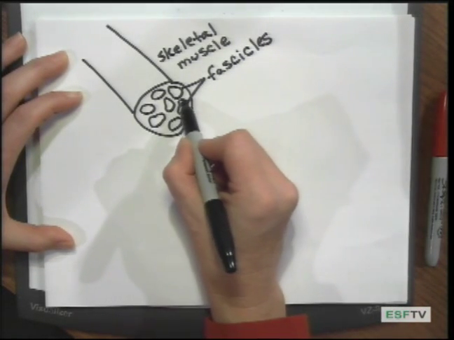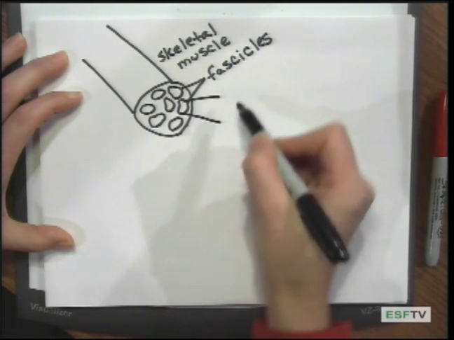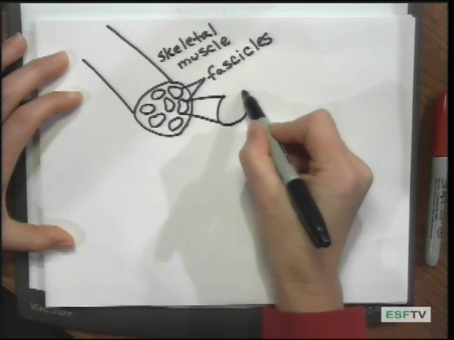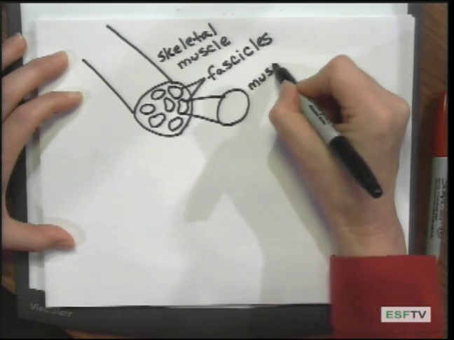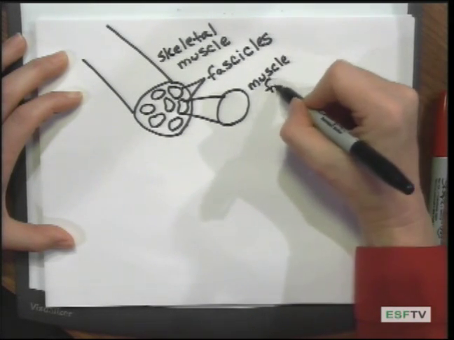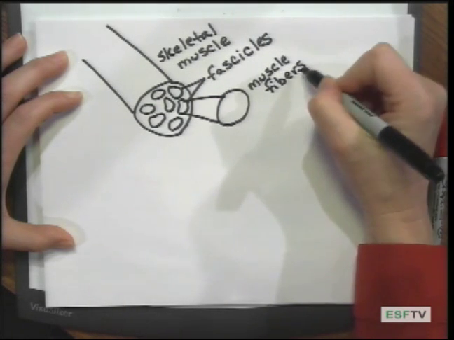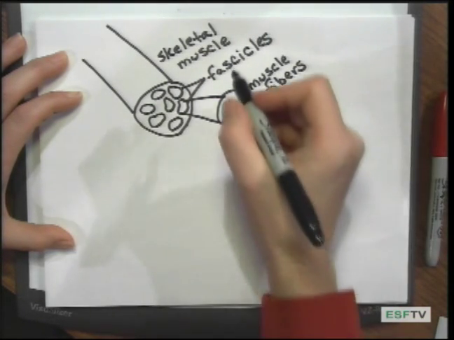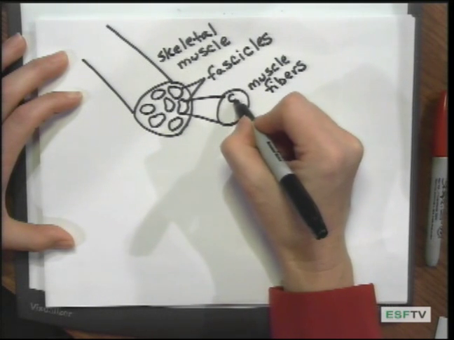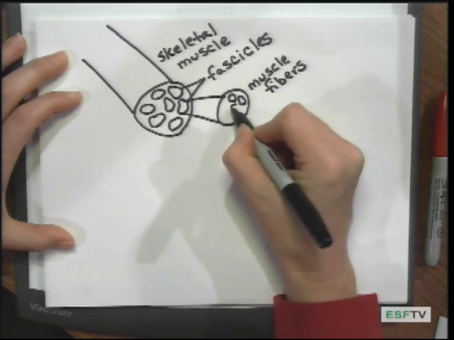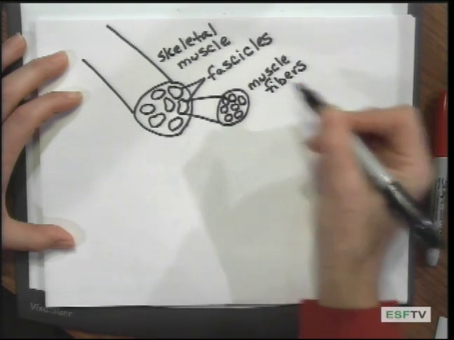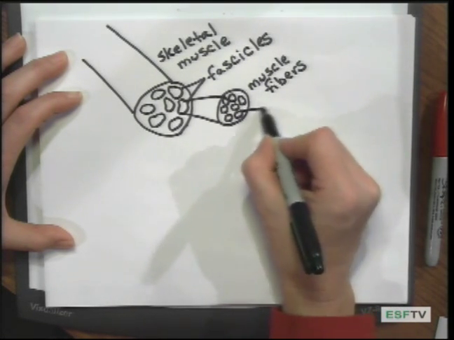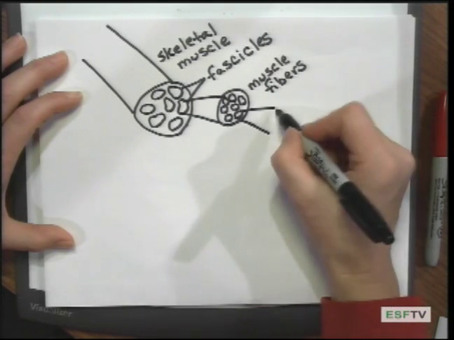Within these fascicles, let's blow this up again. There are muscle fibers. And within each of these muscle fibers, there are, again, little groups of what are called myofibrils.